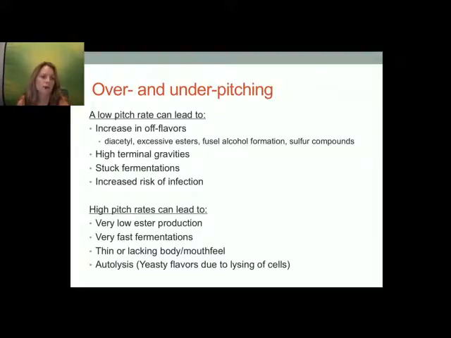So all of these flavors can increase if you're under pitching. In addition, your terminal gravity will be higher than what's expected. So that means less alcohol will be produced.